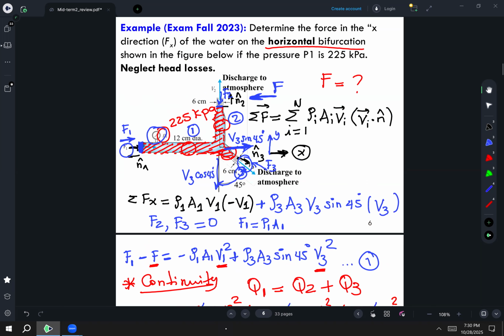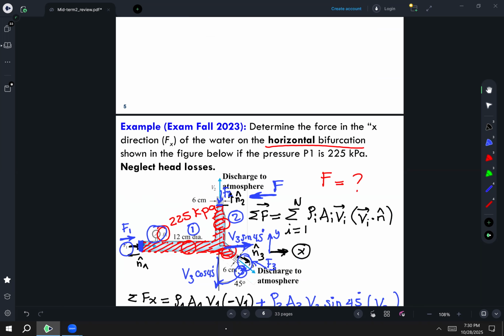But the question here is to determine the force of the water on the horizontal bifurcation. So the reaction is to the left, but the water is acting to the right. So the water is pressing the pipe to the right, and the pipe is reacting to the left.